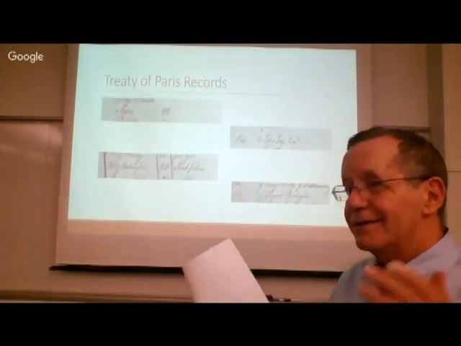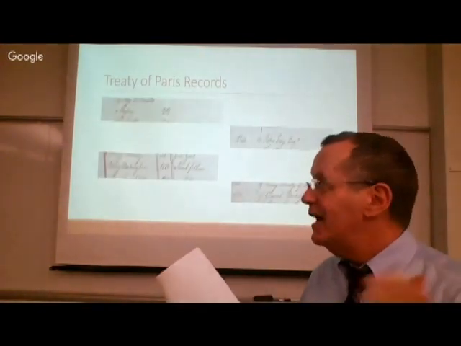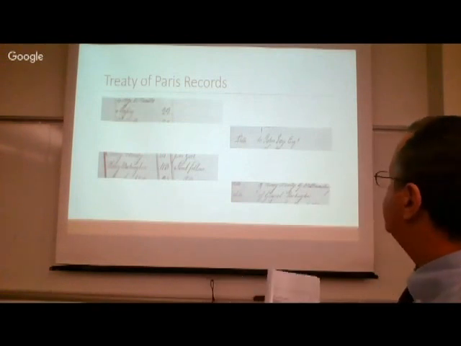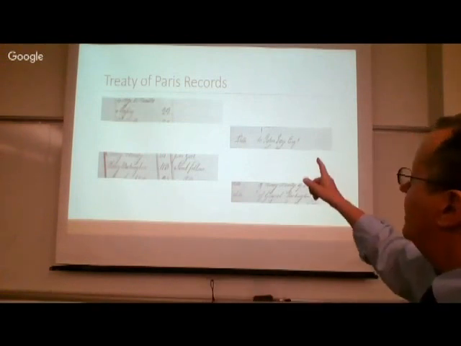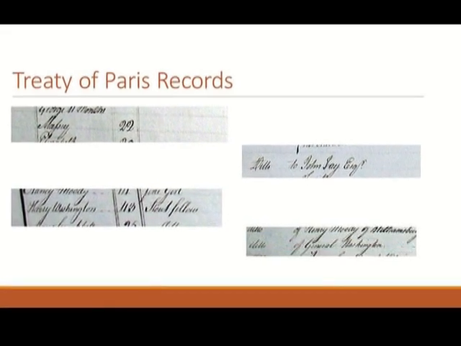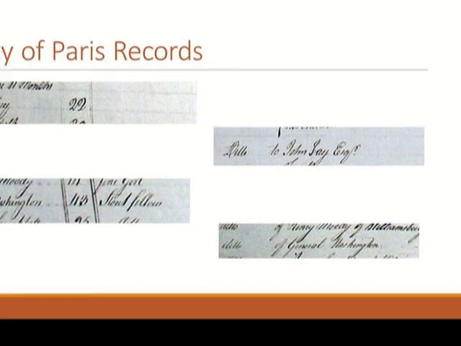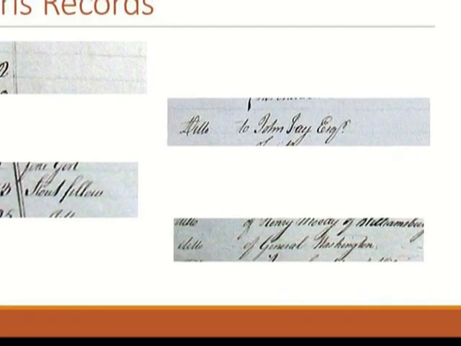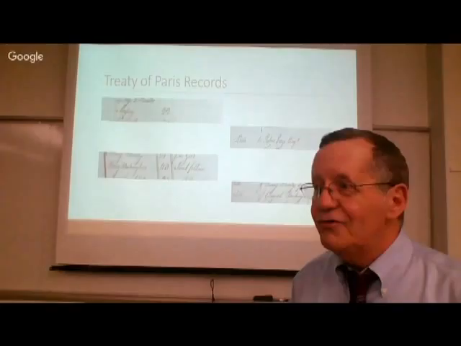Now, once again, let's ask the John Jay question. Well, turns out we have a slave named Massey, age 22, who belongs to John Jay, Esquire. Now, he's in good company. I mean, we also had Harry Washington, and he belongs to General Washington.